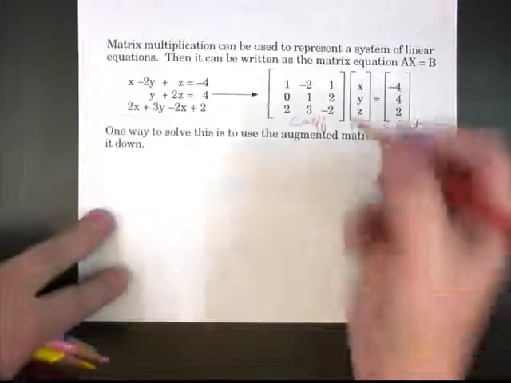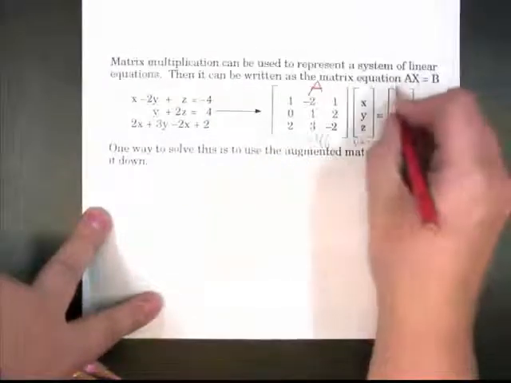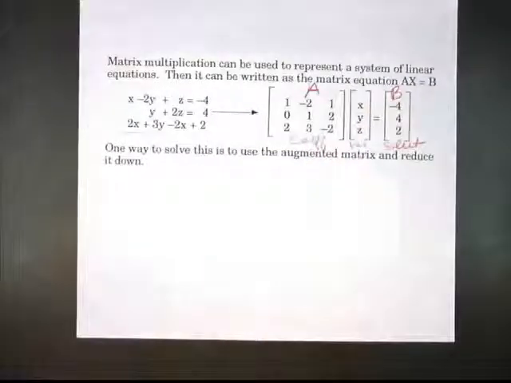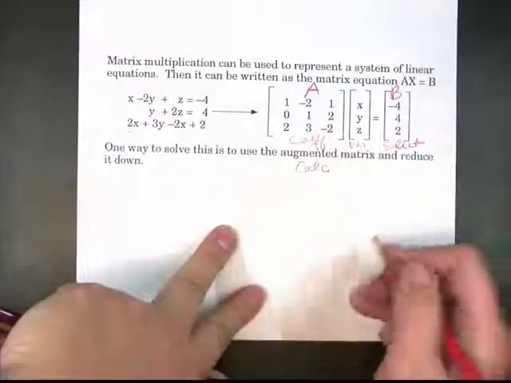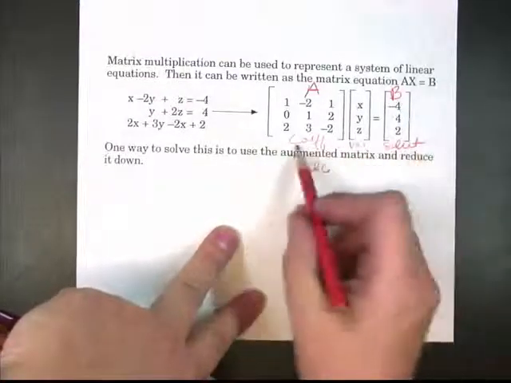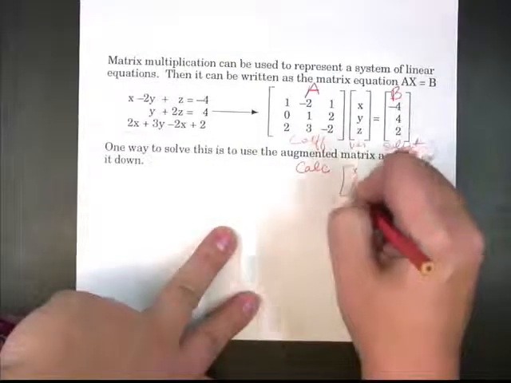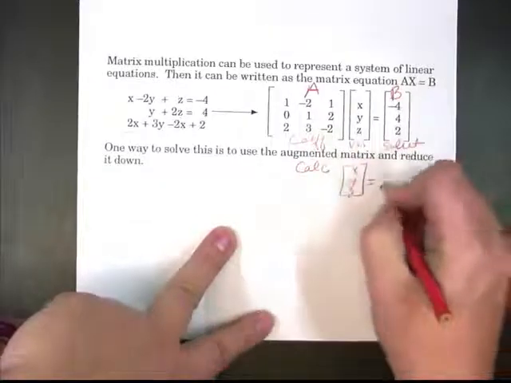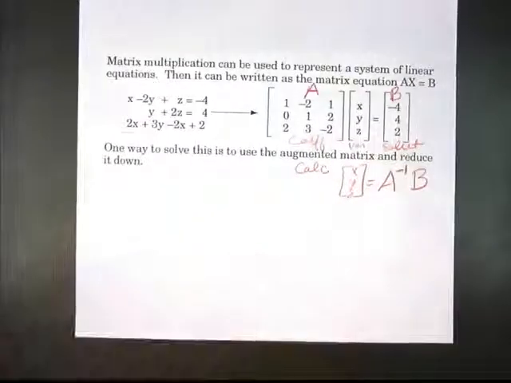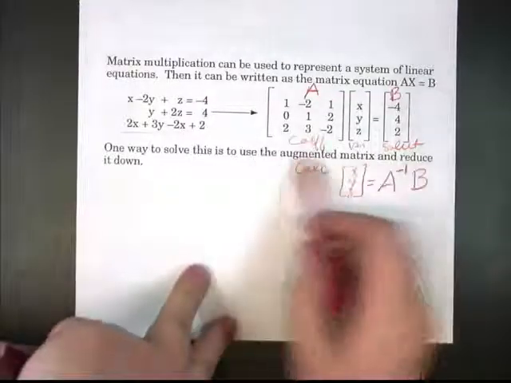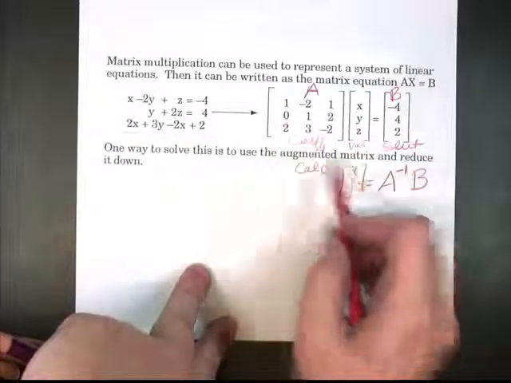We can call the coefficients A, and I can call the solutions B. So if I were to do this by our calculator, in order to solve with matrices, I can't divide by matrices, we do inverses. So I would have x, y, z is equal to inverse matrix A times B. Because in theory, I would divide by the A matrix, right? That's how I would get the letters by itself, is get rid of the A.